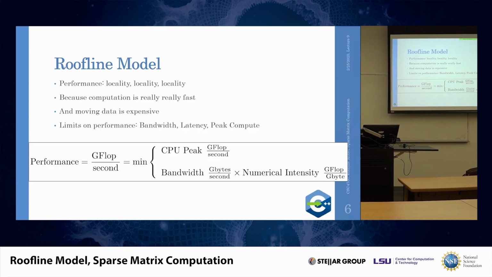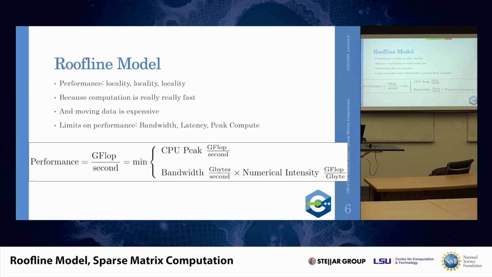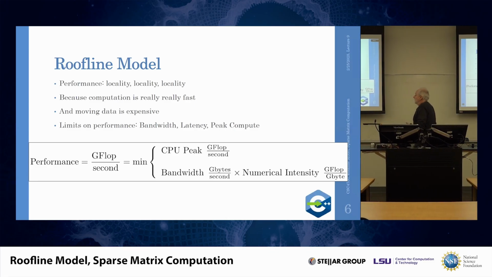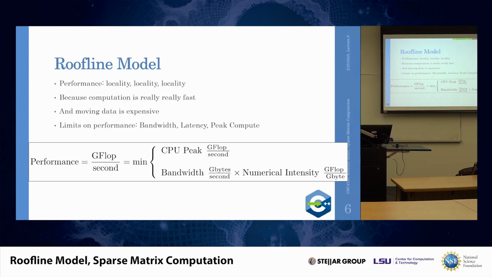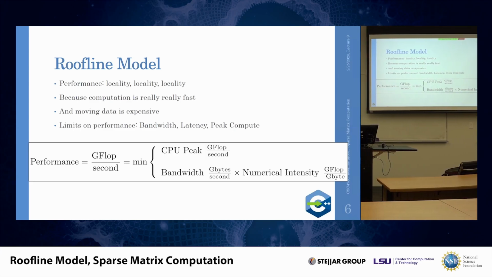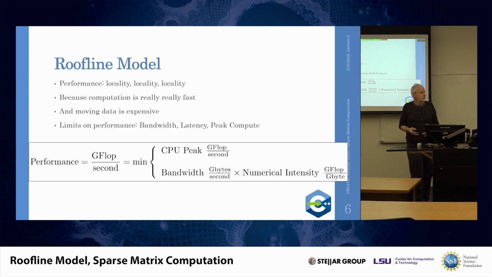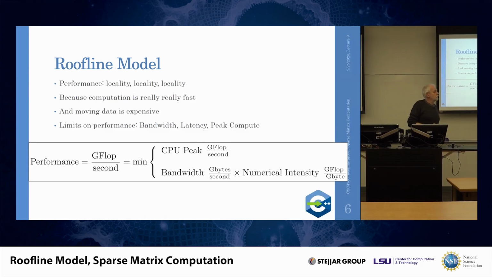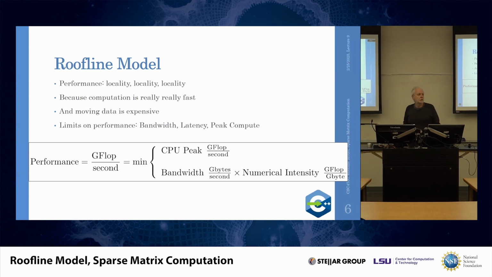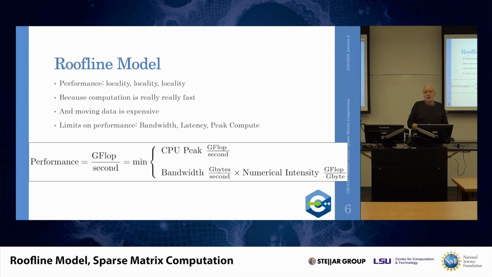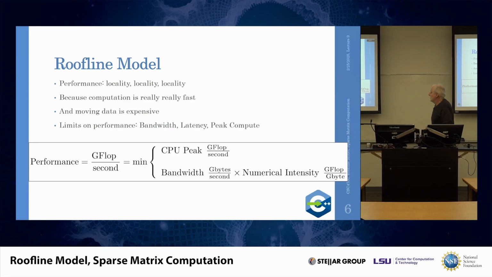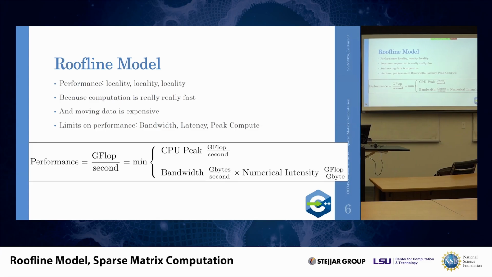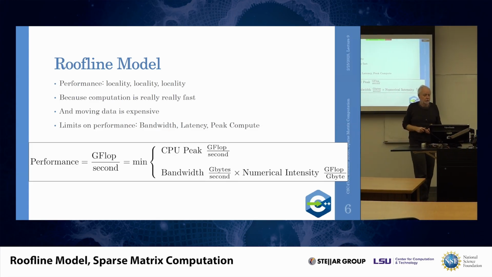On one hand, our performance is limited by the CPU, what the CPU can do, what the clock rate is. On the other hand, performance might be limited by how numerically intensive our algorithm is. How many floating point operations do we get out of one single byte we load into the core? Do we get 10 or do we get 0.10? And that certainly defines whether we reach the bandwidth of our machine or not.